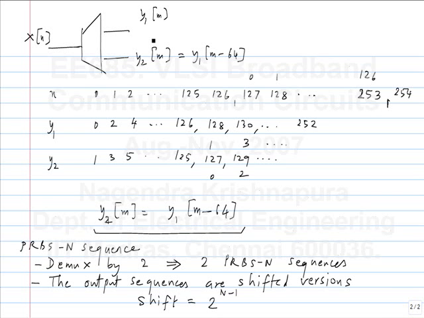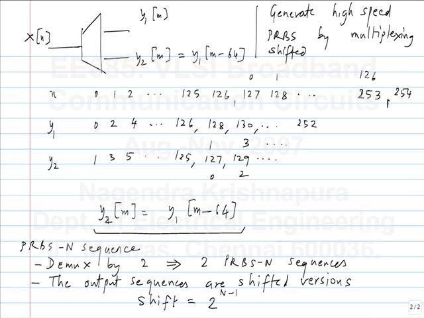So instead of that, if you have a low-speed generator, then you can keep shifting it, multiplex it, then shift that, multiplex it, or do some things like that. Okay. In fact, you don't have to have multiple shifters. If you have a low-speed generator and a multiplexer, you can do it with shifting it at the input. So you can also generate high-speed PRBS by multiplexing shifted low-speed PRBS.